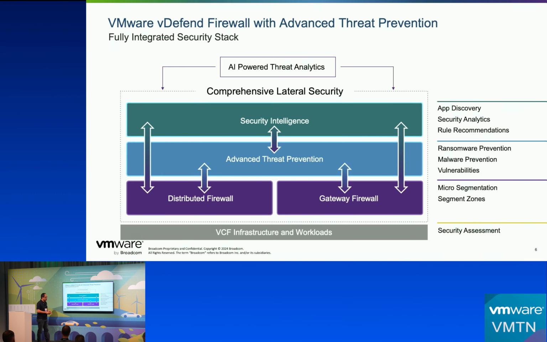And of course, if you want to perform deep packet inspection or malware prevention or have out-of-the-box use cases to detect abnormalities at the network level, then we have the ATP solution. If we couple the ATP solution with distributed firewall and gateway firewall, then this is the security intelligence that can provide you that comprehensive overview.